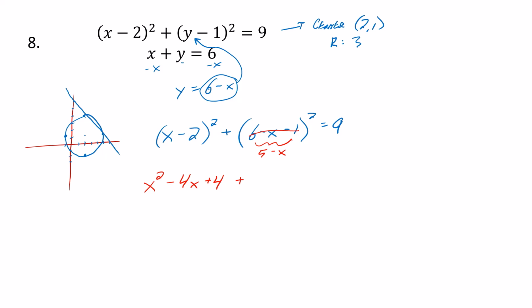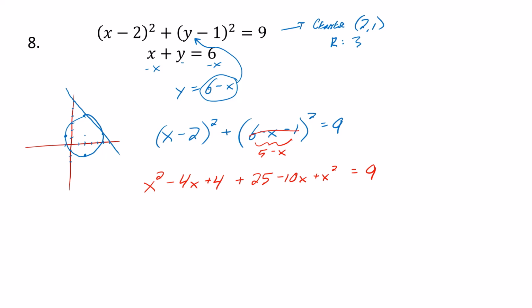Doing a similar step with the 5 minus x, if I square that, I get 5 times 5 would be 25. A 5 and a negative x is negative 5x with another one, so negative 10x in the middle. And negative x multiplied by itself would be a positive x squared. So we've got all of our terms listed out. Looks like I do have at least some like terms.